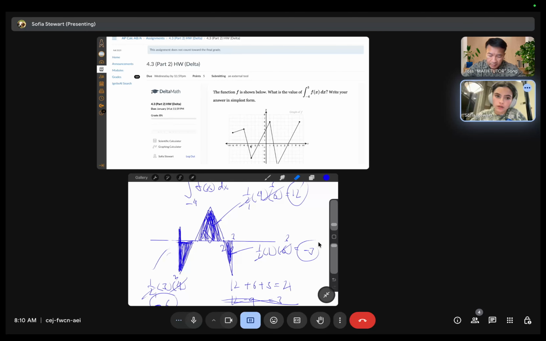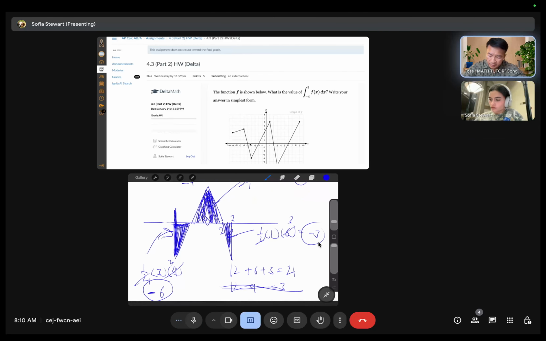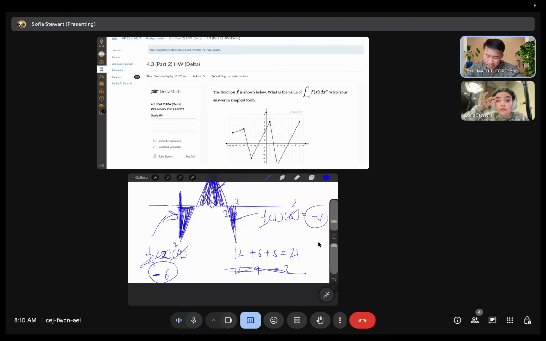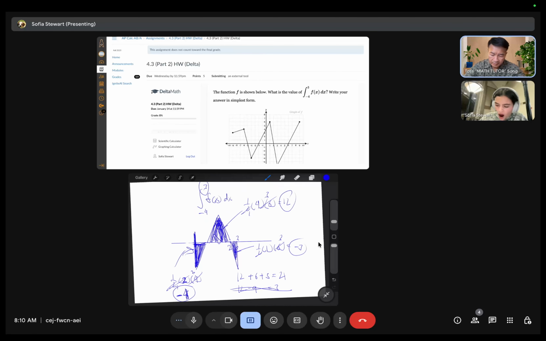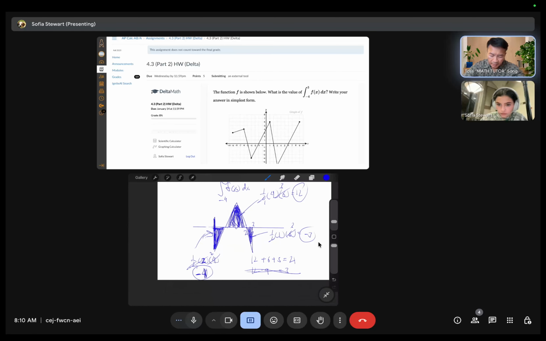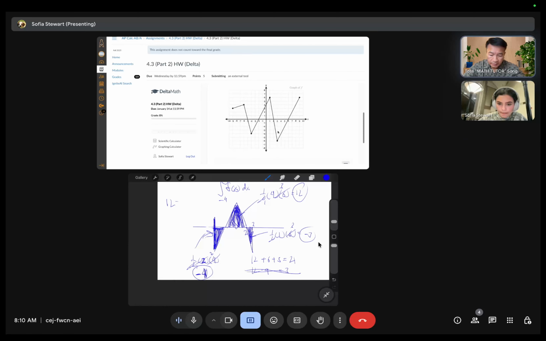2 and 4. Yes, so it's going to be 2 and 4 for the base, right? So that means 2 cancels with 2 there, so you're left with just 4. So it's -4. So let's combine them again. So 12. Wait, but what about up to the 3? Yeah, the 3 is okay, isn't it?